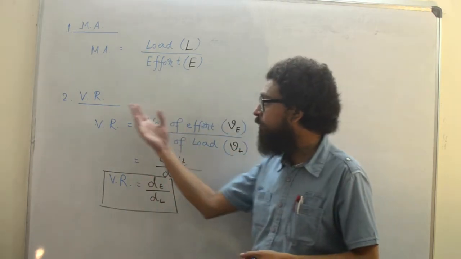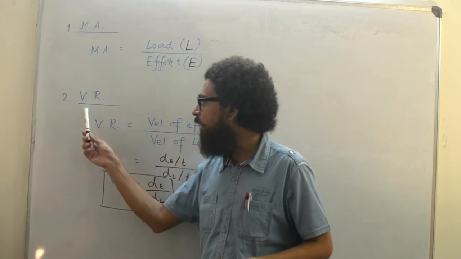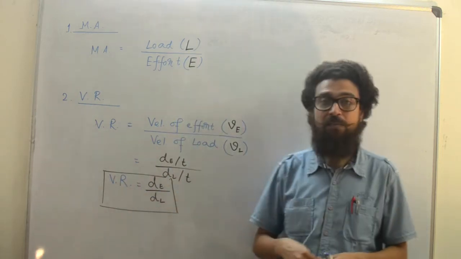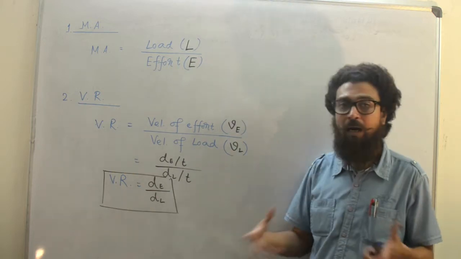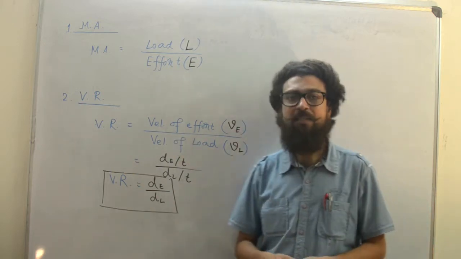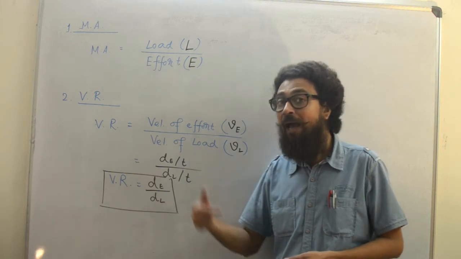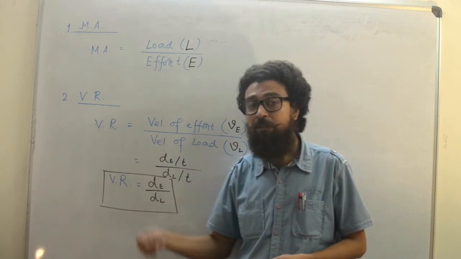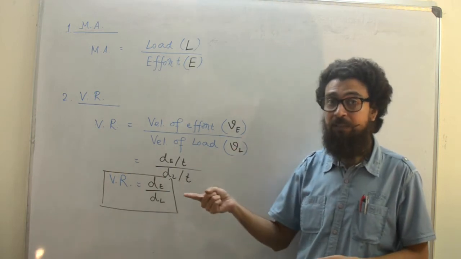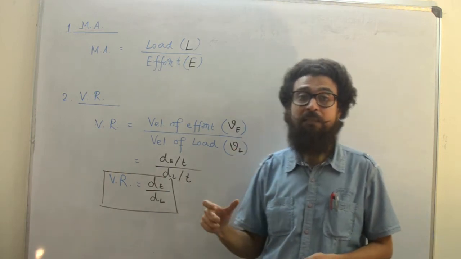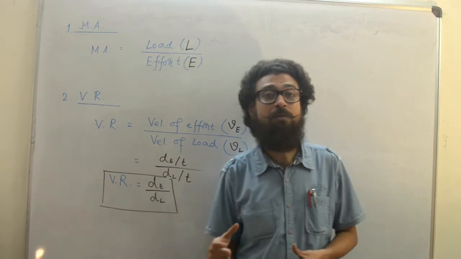Alright, now we go to another concept called velocity ratio. Do write all this in your classwork. Velocity ratio, in short we call it VR. And what is VR? It is the velocity of effort with respect to the velocity of load. I was telling you previously that the function of a machine is also to gain speed.